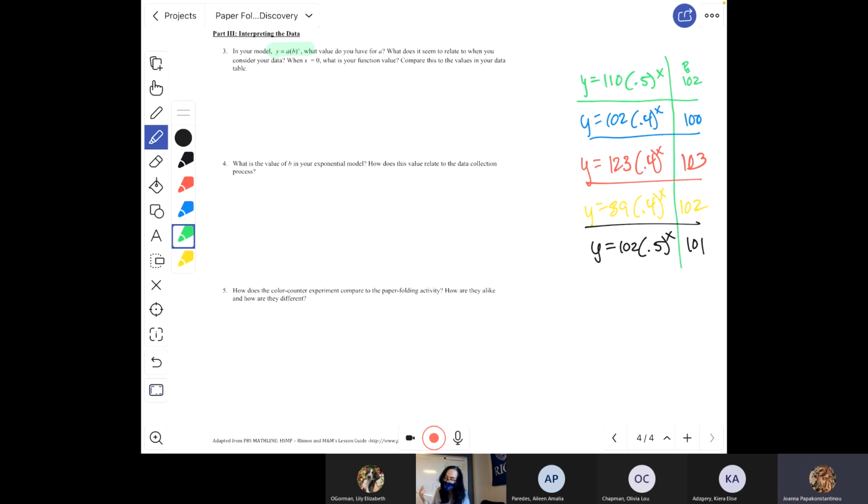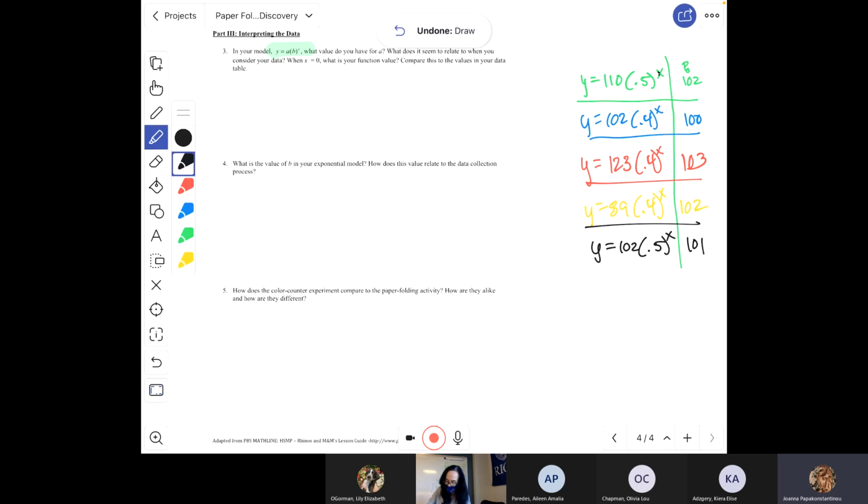So what does the equation give you for starters if I let x equal 0? If I let x equal 0 in any one of your equations or any exponential function written in this form, if the x value is 0, what are you going to end up with?